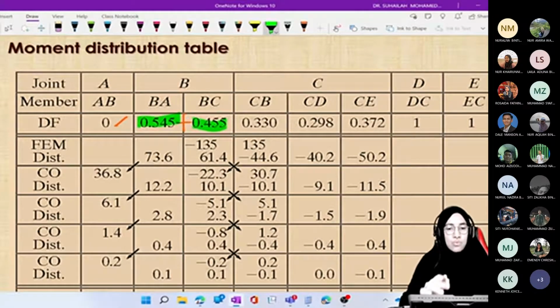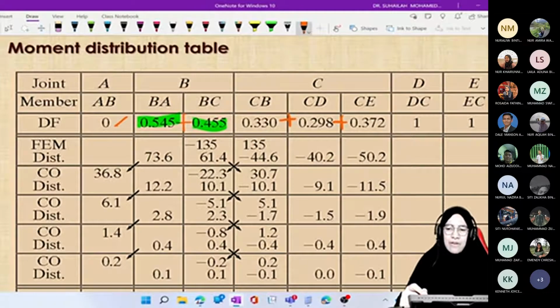And then C consists of CB, CD, CE, so DFCB plus DFCD plus DFCE must total 1.